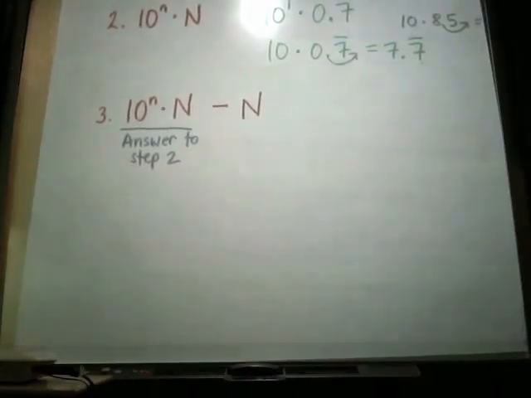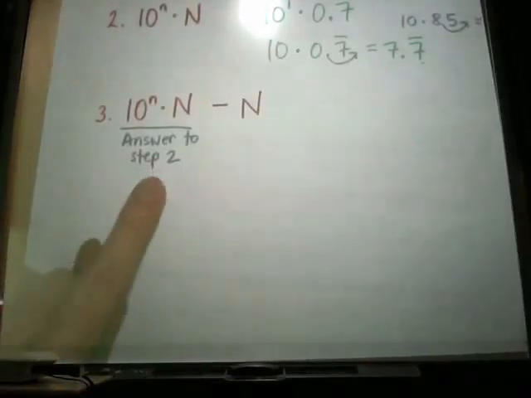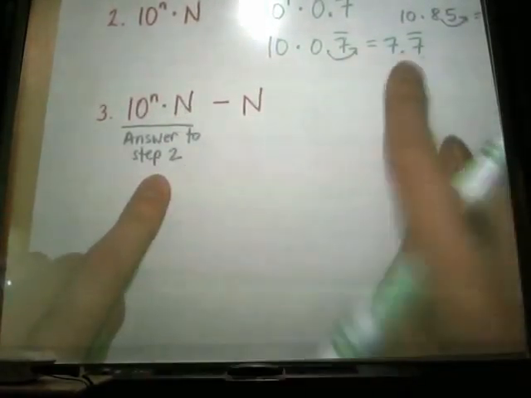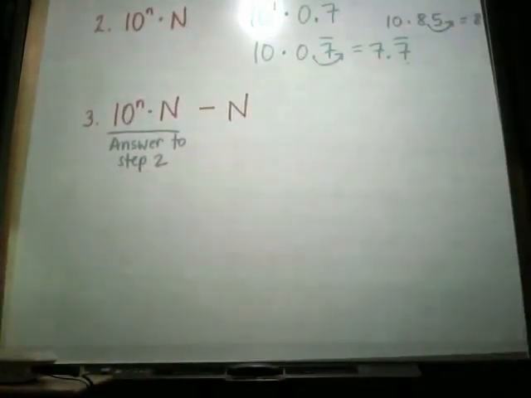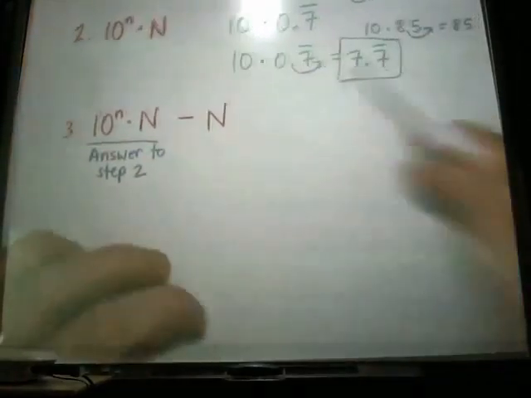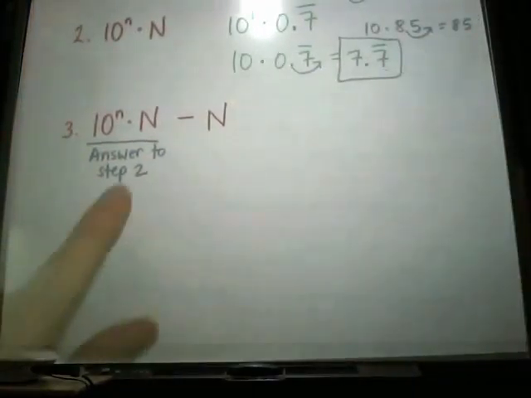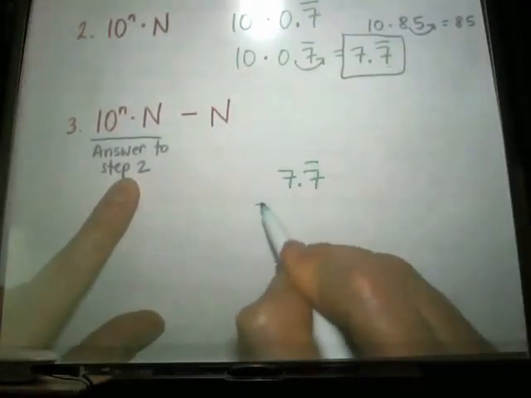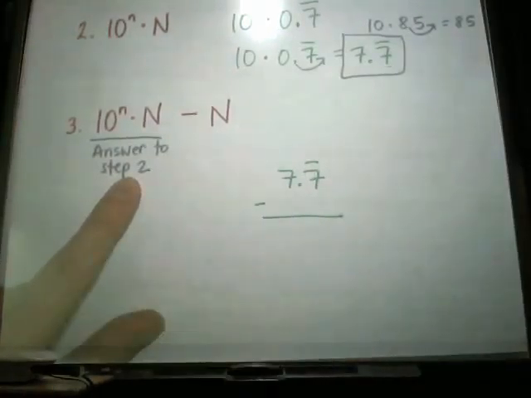This is the hardest thing we'll do this chapter probably. But you guys can do it, I promise. Okay, the answer to step 2 is right up here. We got our 7.7 repeated, minus our original number.